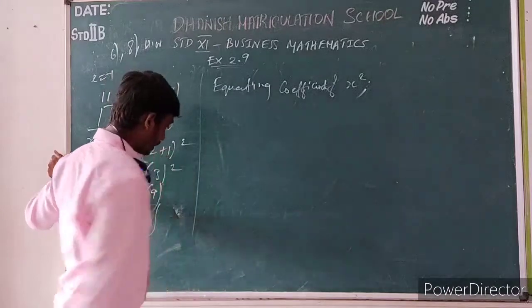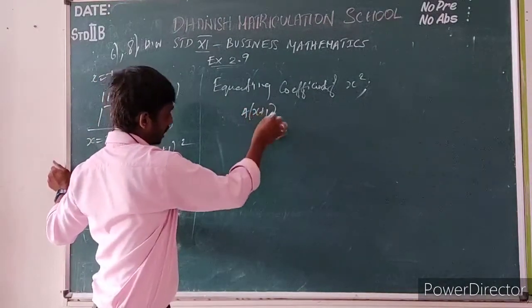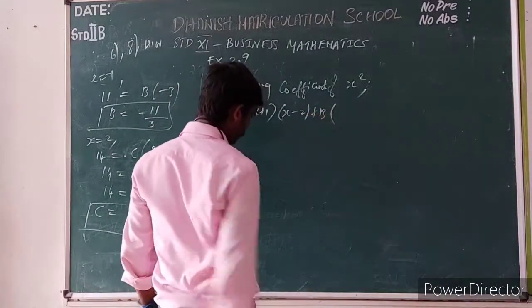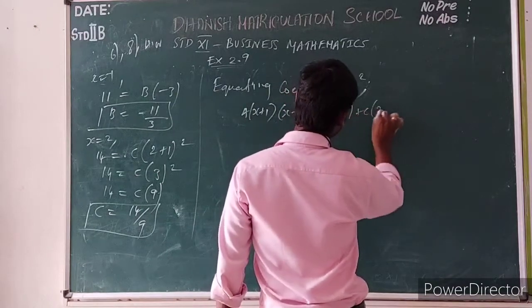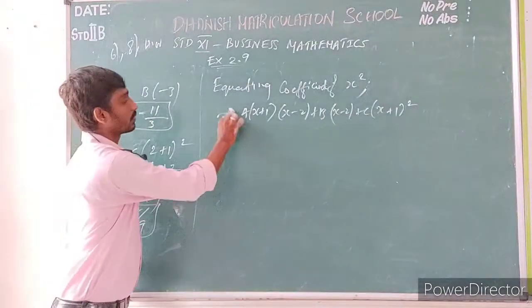What is the equation here? That is a into x plus 1 x minus 2 plus b into x minus 2 plus c into x plus 1 the whole square. What is the coefficient of x square value?